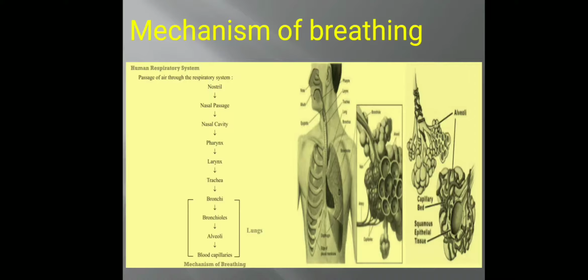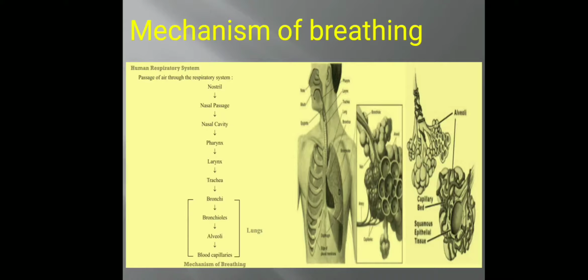Pharynx leads to the larynx, which is found in the digestive and the respiratory system also. My dear students, then this leads to the trachea. Trachea is a windpipe which is covered with tracheal rings, cartilaginous rings. This trachea leads air to the bronchi. Now bronchi is a plural word; bronchus is a singular word.